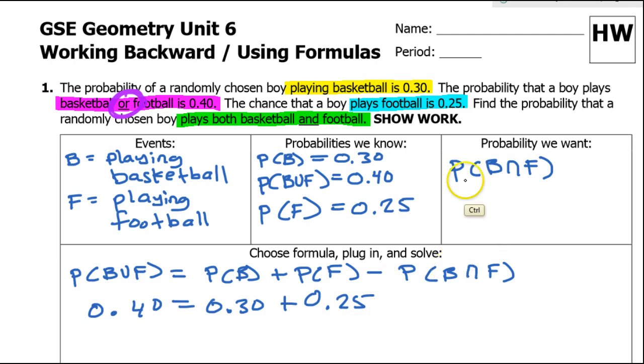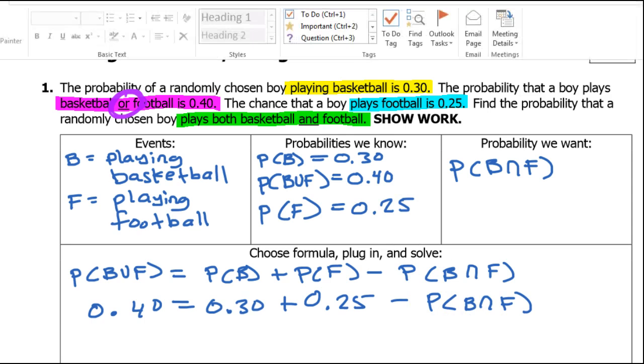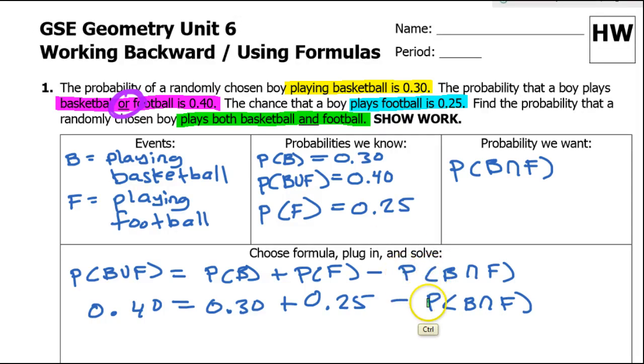What I don't know is the probability of B and F, so I'm going to subtract. I'm just going to leave this as the probability of B and F. Okay, so we just need to get this by itself. We need to solve the equation for B and F.